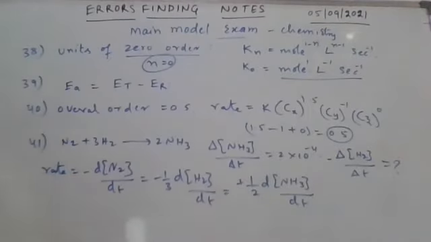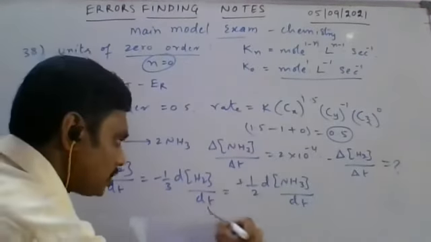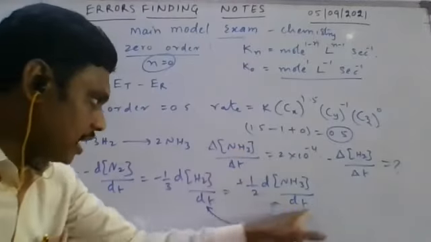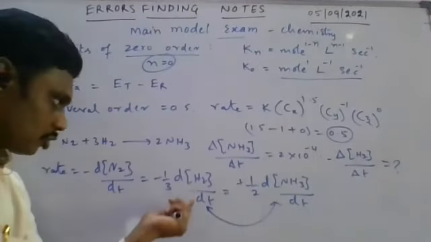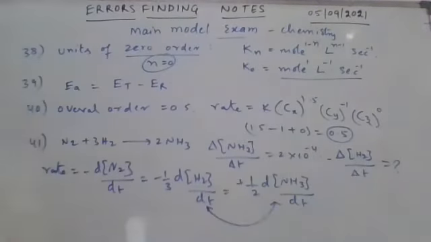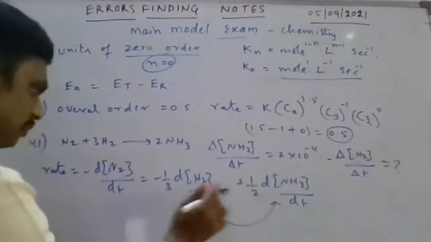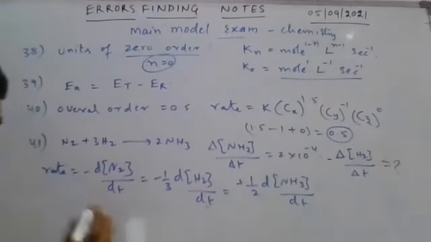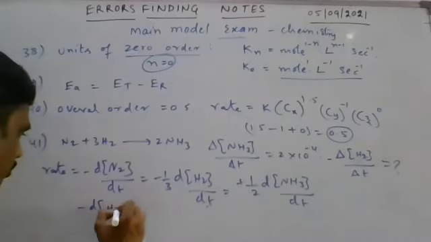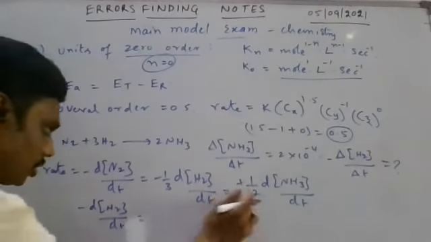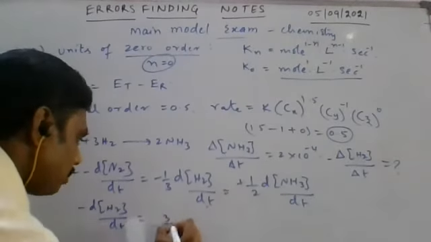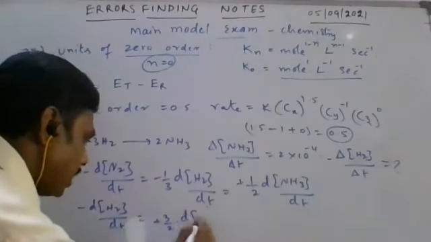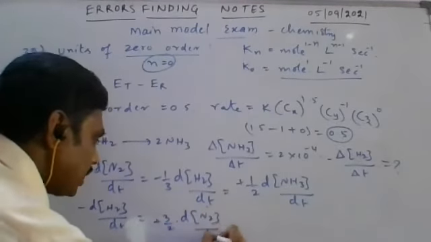Here delta NH3 by delta t value is given, and delta H2 by delta t you have to identify. Then from these two, what is the relation? Minus d of H2 by dt is equal to 3 by 2 d of NH3 by dt.